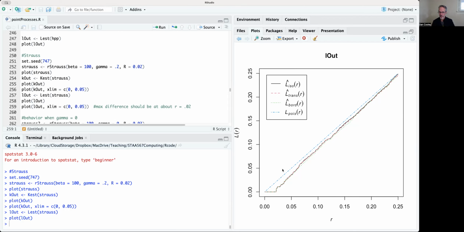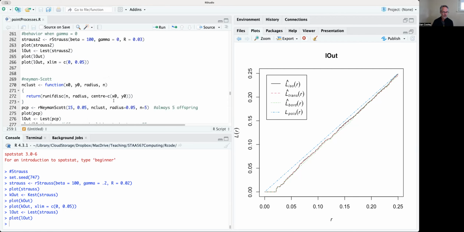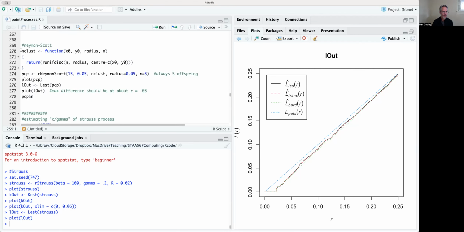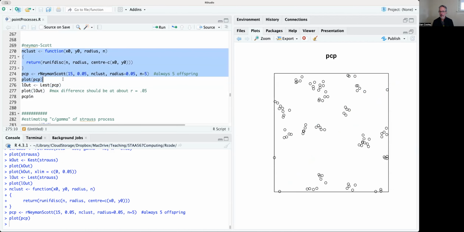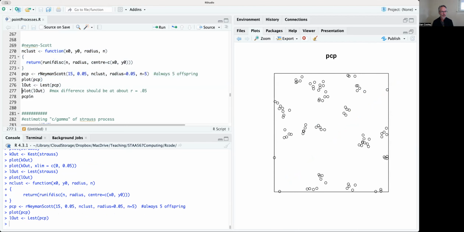So what the L function does is it tells us at what distances we're seeing deviation from complete spatial randomness. Neyman-Scott is going to have the opposite behavior. Here is a realization of a process with clustered behavior.